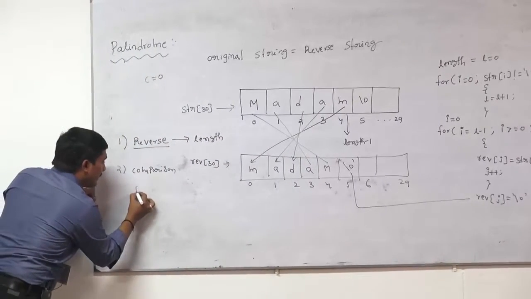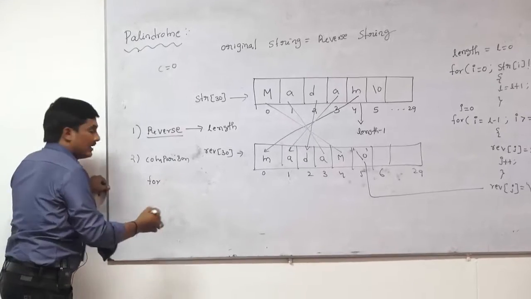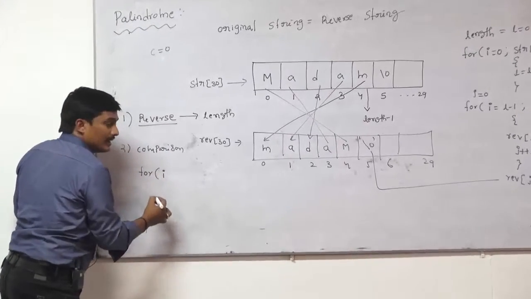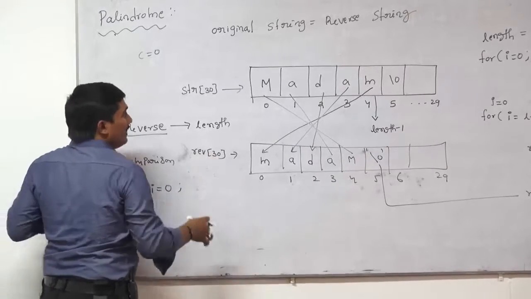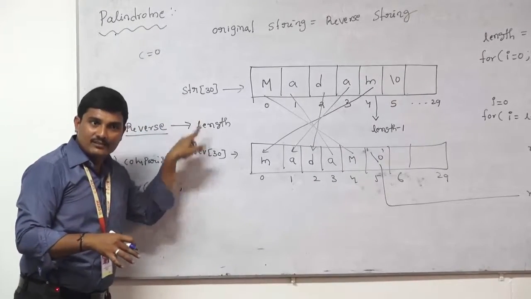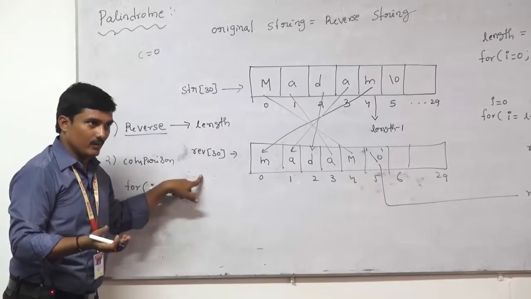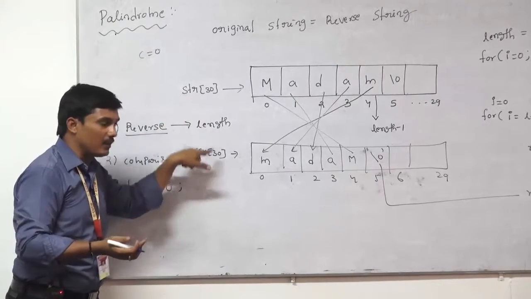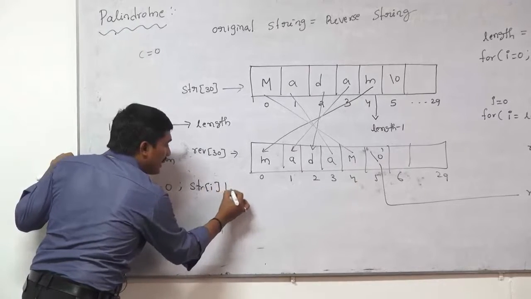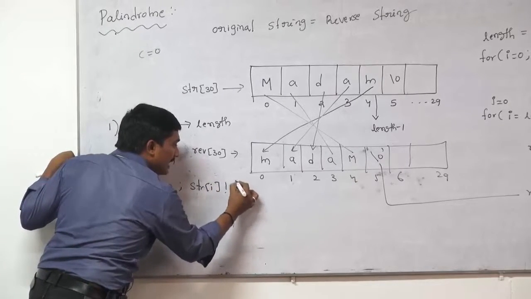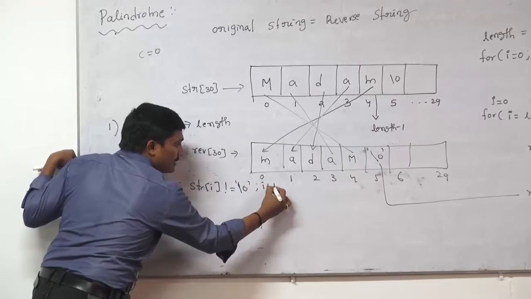Comparison starts from i equal to 0. Can I write str as well as rev? Yes, because both lengths are equal. So let's take str of i not equal to the null character, i plus plus.